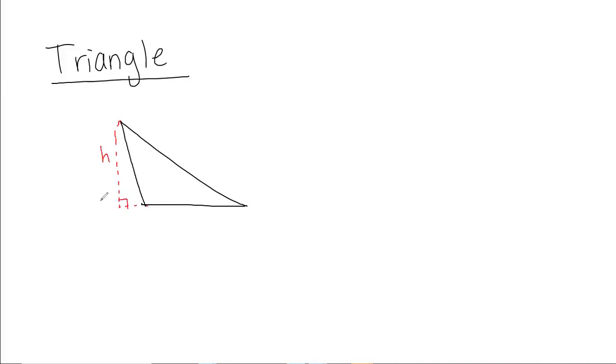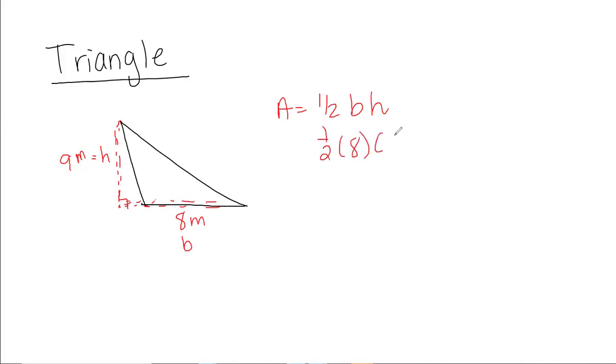So this would be the height. Even though it's all outside the triangle, you're still going to use that as your height. Okay, so I'm going to say that's 9 meters. And I'm going to say this is 8 meters. So again, whatever the height connects to, even if it's outside, that's the base. So area is 1/2 base times height, 1/2 times 8 times 9.